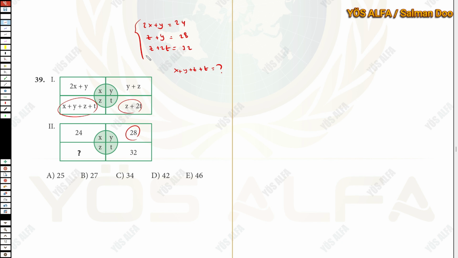From these 3 equations, we have 2 of each item: 2x, 2y, 2z, and 2t. So twice the amount of x plus y plus z plus t is equal to the summation of these 3, 24 plus 28 plus 32. When we divide this by 2, we have 12 plus 14 plus 16. 16 plus 14 is 30, plus 12 is 42. So the answer is D.